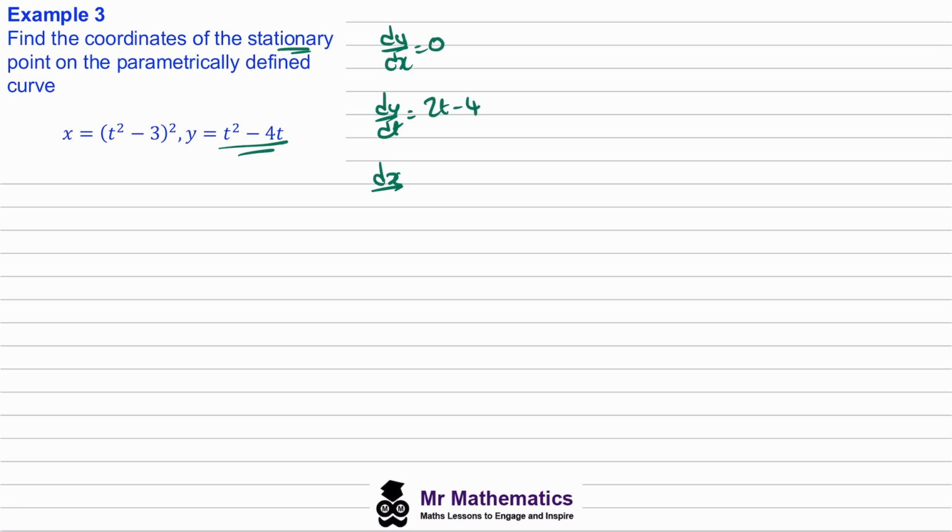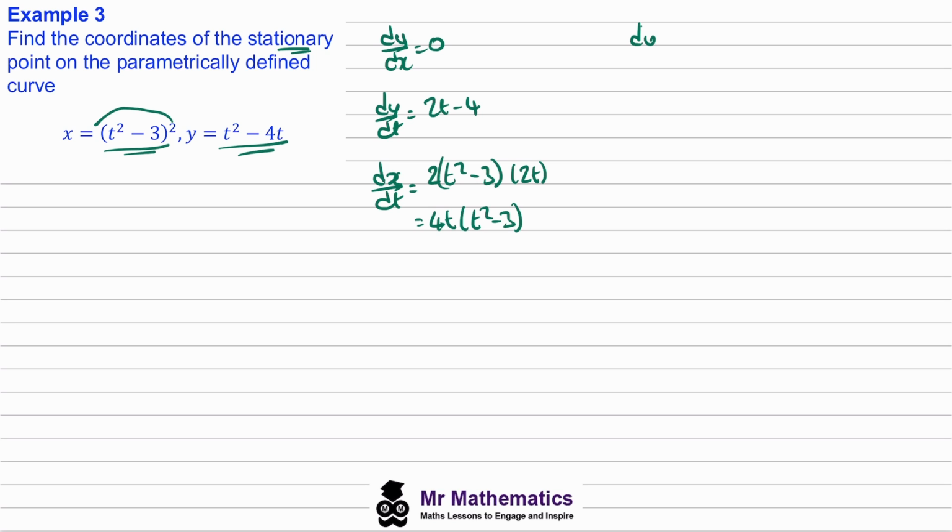And dx by dt, using the chain rule here, we'll bring this 2 down. So we get t squared minus 3 to a power of 1. And then we need to multiply this by the derivative of the inside function. So we multiply it by 2t. So dx by dt will be 4t multiplied by t squared minus 3.